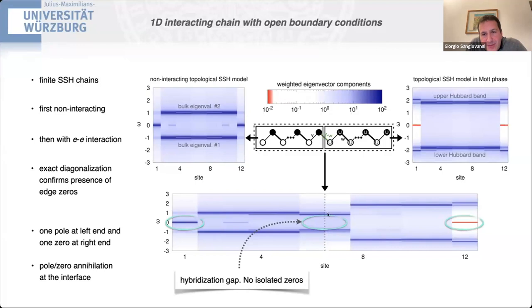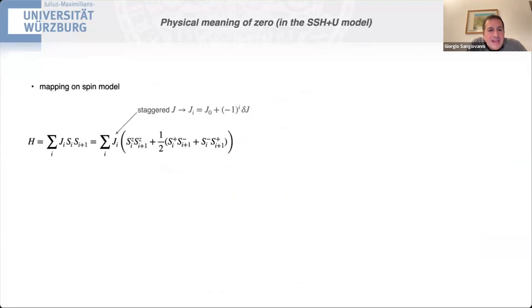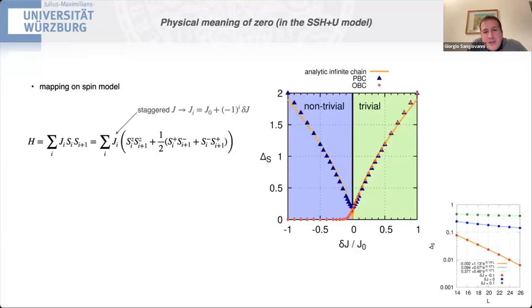However, this suggests that there is a mechanism to hybridize this guy here with some low energy states that is close by. And this can be understood even better if you switch to a spin language in which this SSH chain essentially has a spin gap, which goes as delta j to the 2/3.